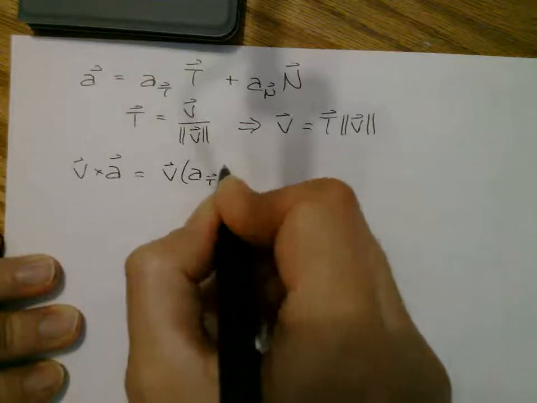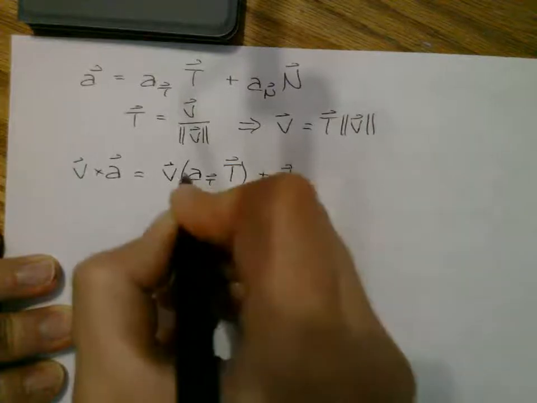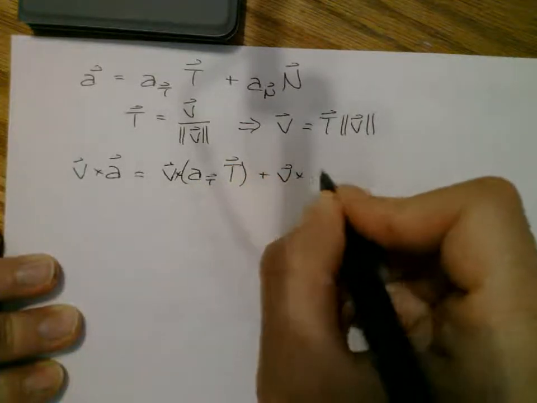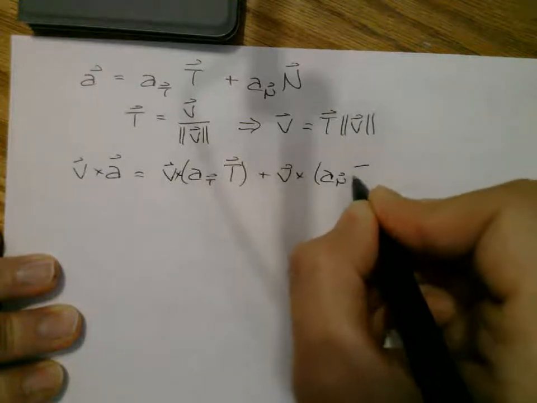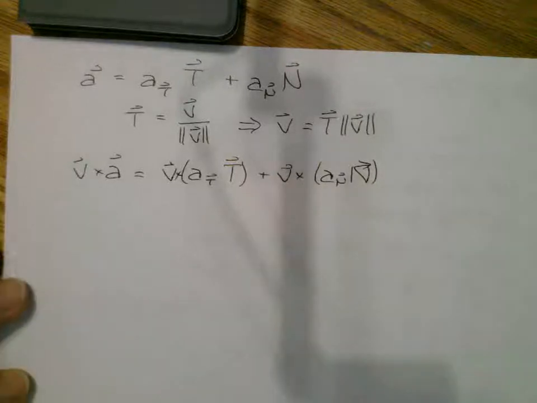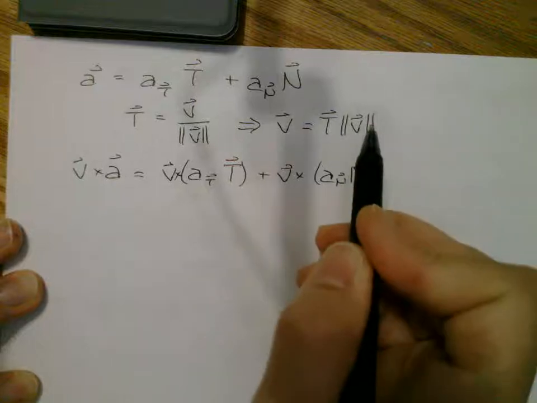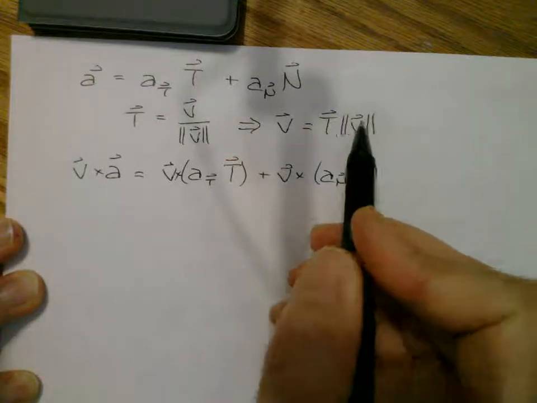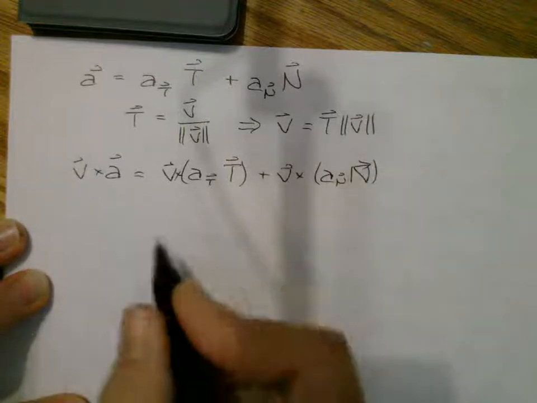So I got a_T times T and a_N times N. But v is T times the magnitude of v.